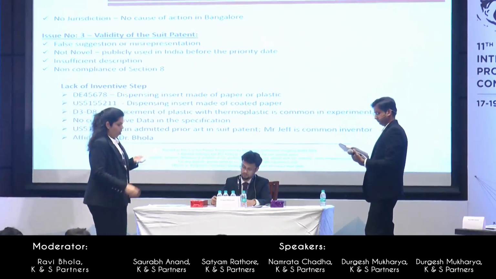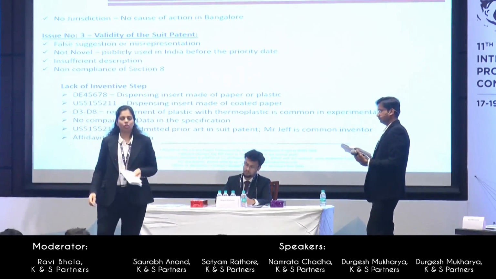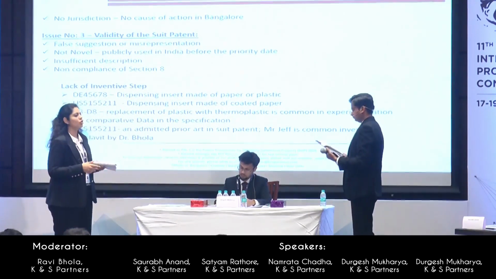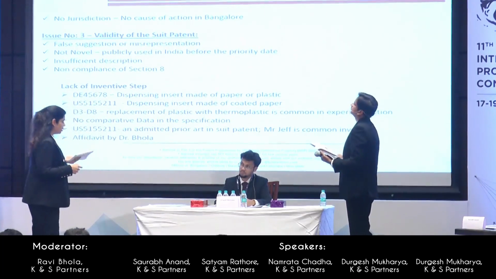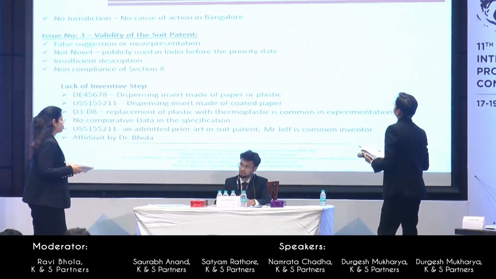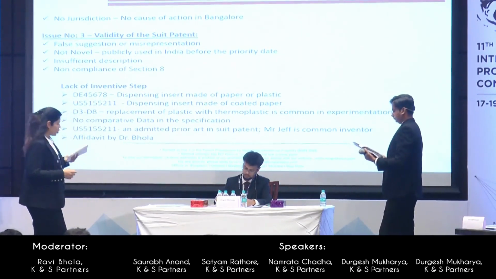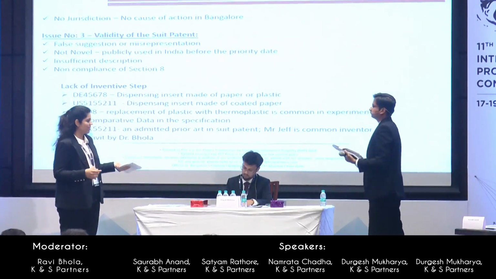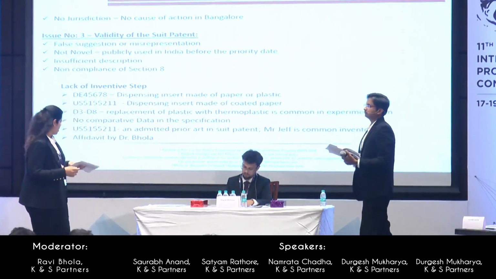My Lordship, the complete specification of the suit patent is completely silent on how this substitution has been arrived at. Further, there is no comparative data whatsoever in the specification of the suit patent showing that the thermoplastic material reduces noise to a greater extent than the coated paper.